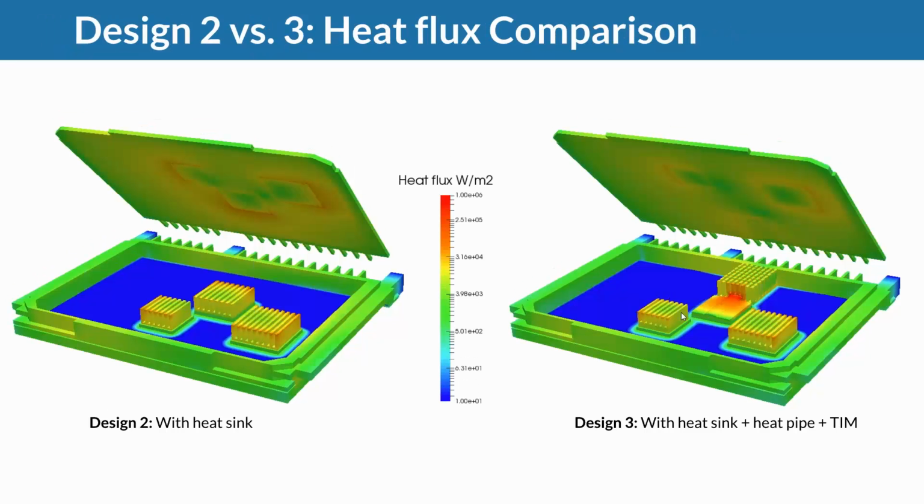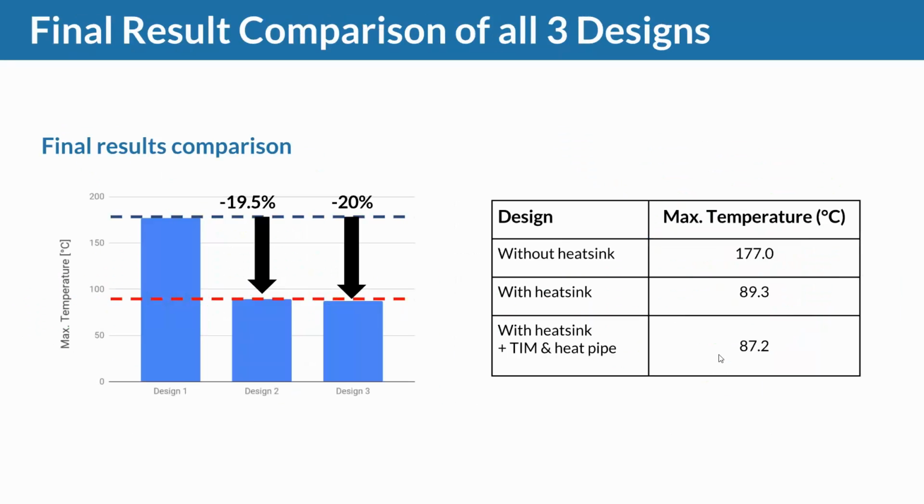Same with heat flux. We can see that we further increase heat flux, but the temperatures don't go down a lot. And so putting all of this together means that design 2 with the heat sinks already brought us down below the 90 degrees that we were shooting for. And the heat pipe, design 3, increased that further, but it was not super effective.